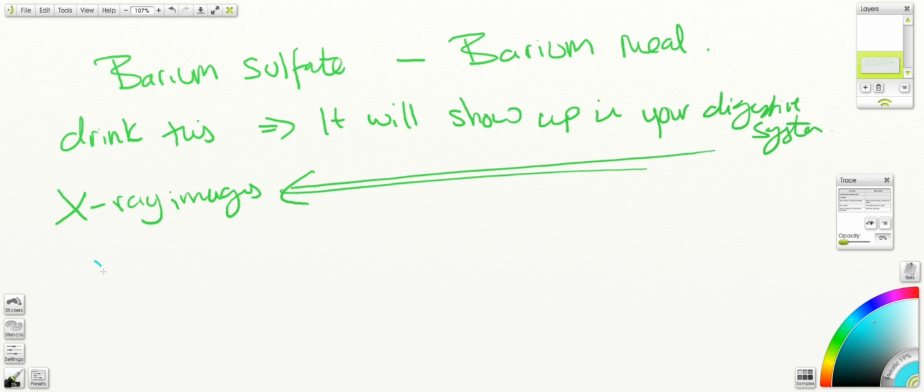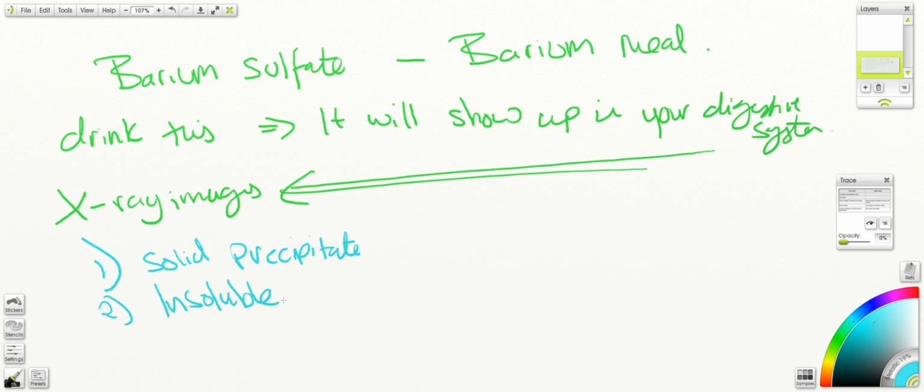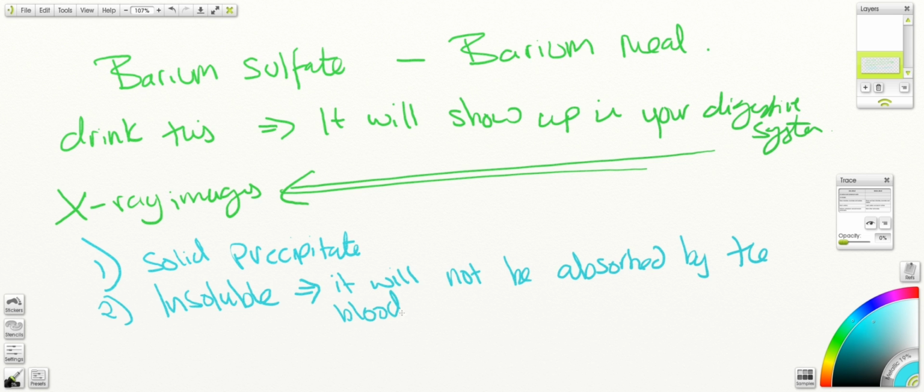So number one, what we've got to realize is this is a solid precipitate. And number two, this is insoluble. So why is that a good thing? Because it will not be absorbed by the blood. You don't want it to be absorbed by the blood, you want it to go straight through your digestive system, so you can highlight problems within the digestive system by X-rays.